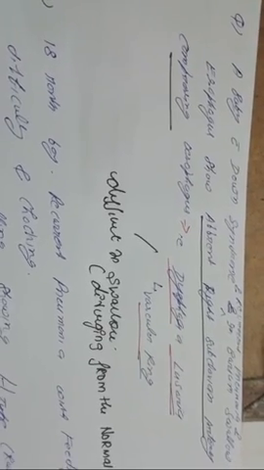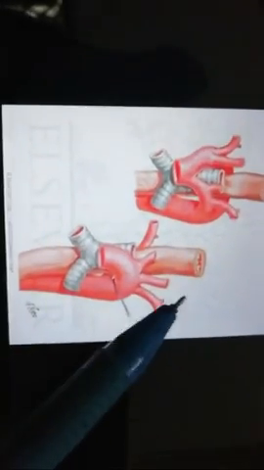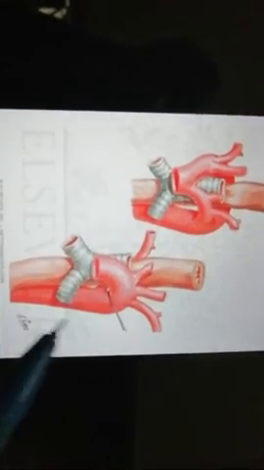So the answer will be dysphagia, because the right subclavian artery is winding around the esophagus, so there is a swallowing problem. This is known as dysphagia lusoria, or the vascular ring. So that's all you have to understand.